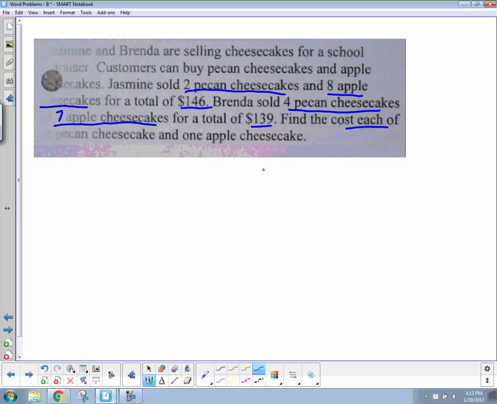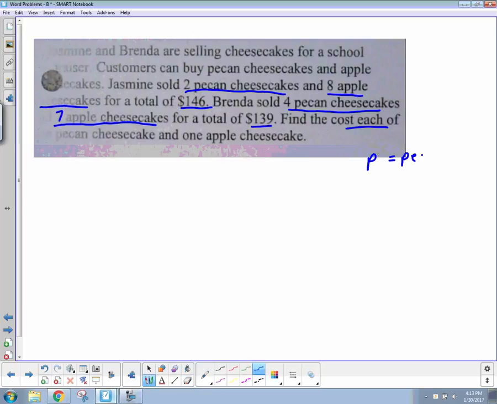So, guys, check this out. Instead of x and y, I'm just going to use P for pecan cheesecake and A for apple cheesecake, just to label my variables, mixing it up today.